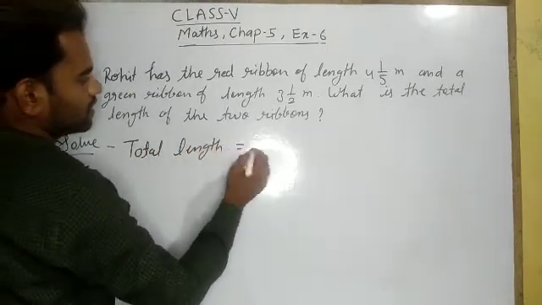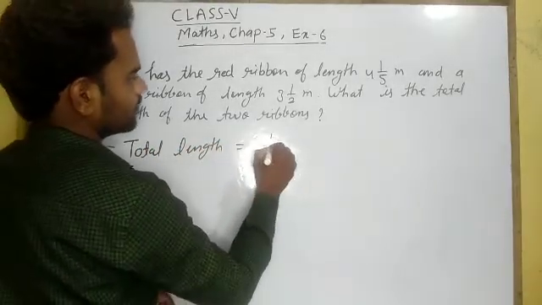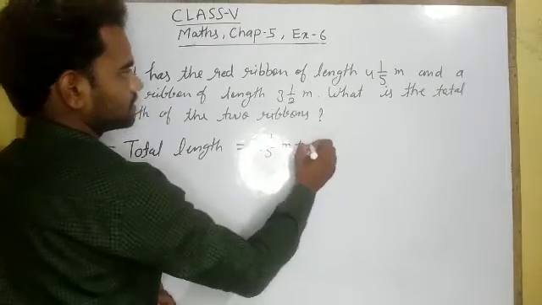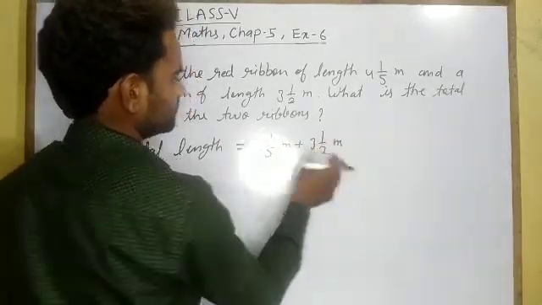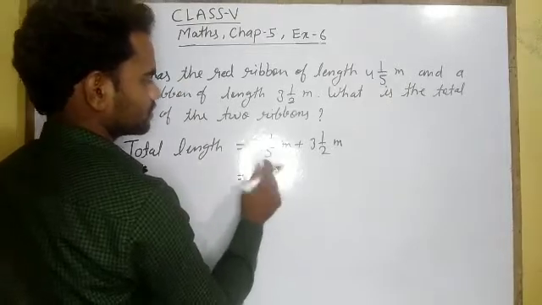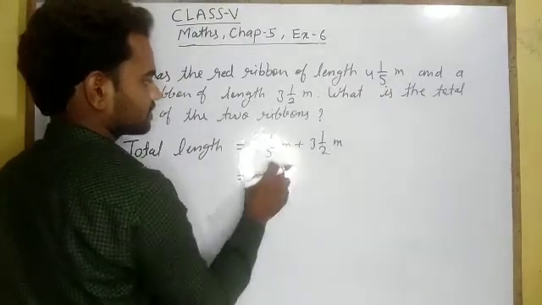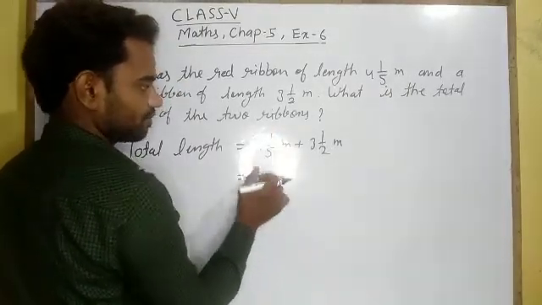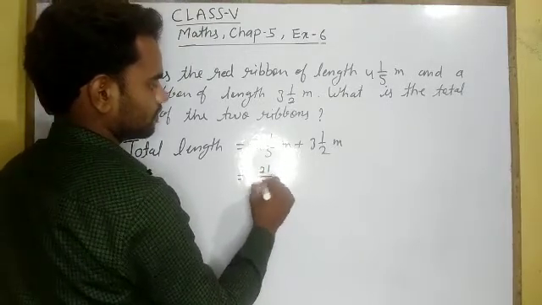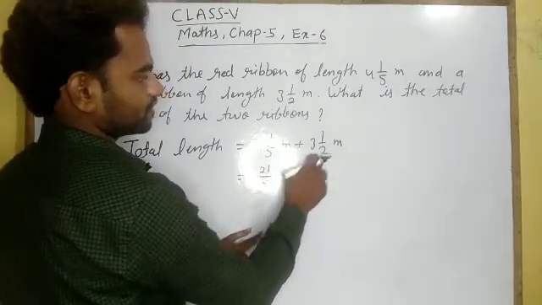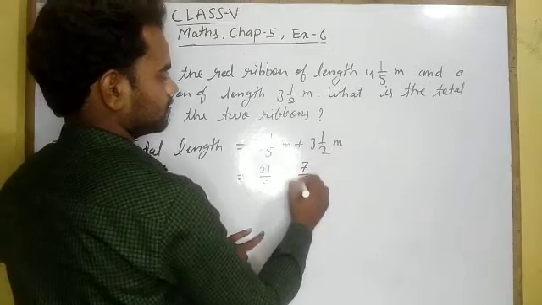So total length equals 4 whole 1/5 meter plus 3 whole 1/2 meter, means both the units are in meter. Simply convert these mixed fractions into improper form. 5 fours are 20 and 1, 21/5, plus 3 twos are 6 and 1, 7/2.